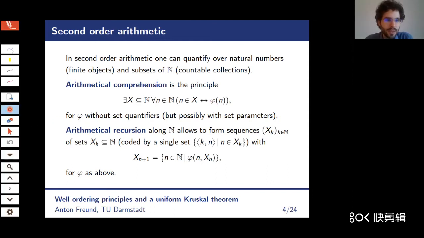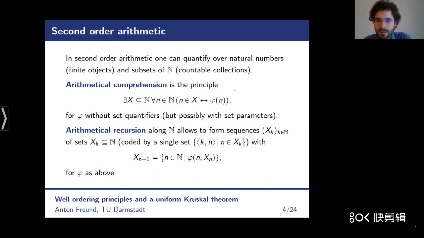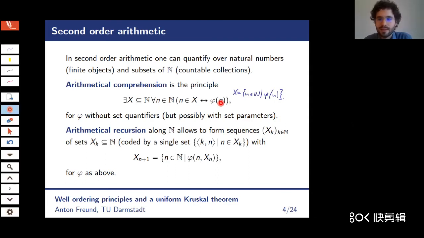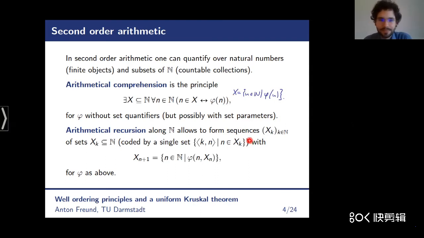So maybe we could add that what this means is that X is the set of n such that phi of n, and arithmetical comprehension says precisely that this set here exists. And then I also want to look at arithmetical recursion, and that's simply the principle that you can iterate this arithmetical comprehension principle along the natural numbers.